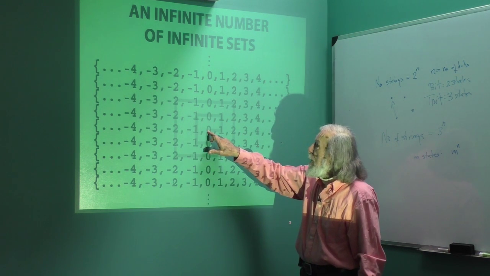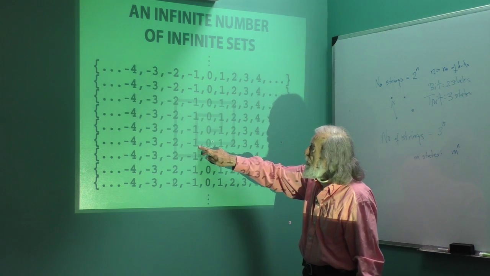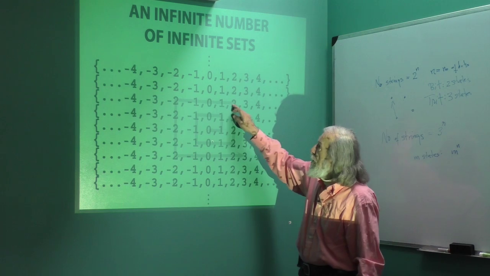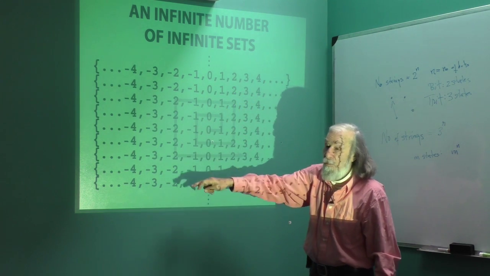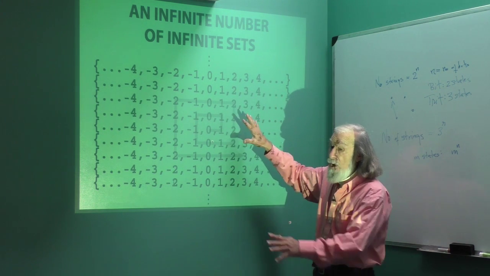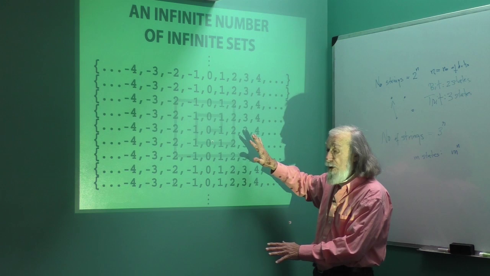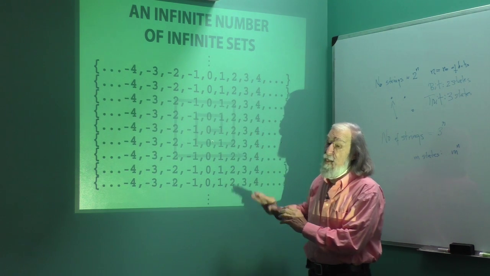So it's paired this number, it's got this number, picked up this one. Now it's picked up these 3. It's gone over here. And you can see that this cobweb will slowly work its way through and eventually pair every one of this infinite number of infinite sets with the counting numbers.